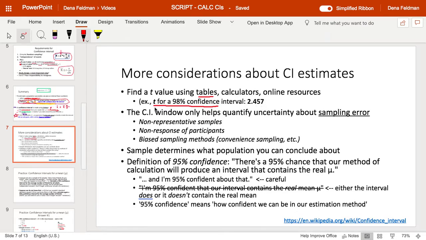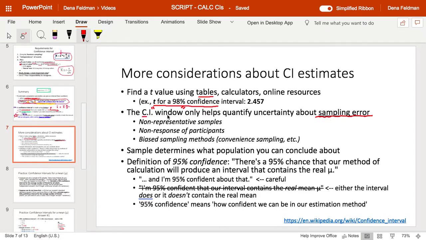And the other important thing for us to keep in mind is that a confidence interval window, this spread between 6.8 and 7.8, only helps us to quantify uncertainty about sampling error, these natural differences in the sample you pull from a population.